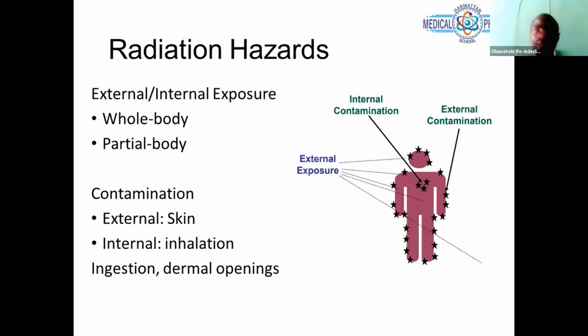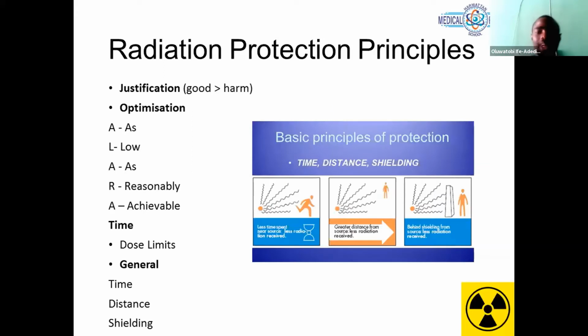If we have radioactive dust and it's inhaled, then we could have internal contamination. We could have contamination through ingestion, possibly of foods or food products, and through dermal openings, such as wounds on the skin.